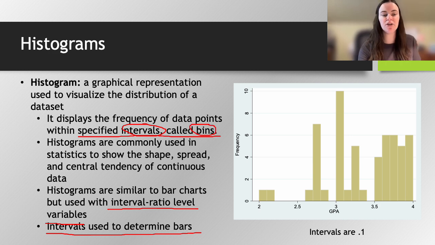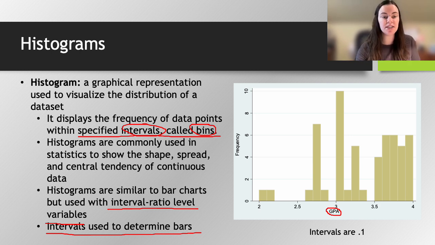When using interval ratio level data, recall that those are variables that have a numerical attachment to them. It's something that can be quantified. An example of an interval ratio level variable is what we have right here, which is GPA. In this case, I surveyed a group of students to see what their current grade point average was.